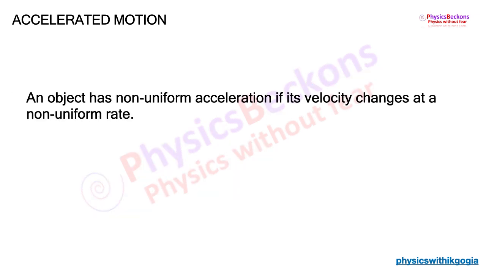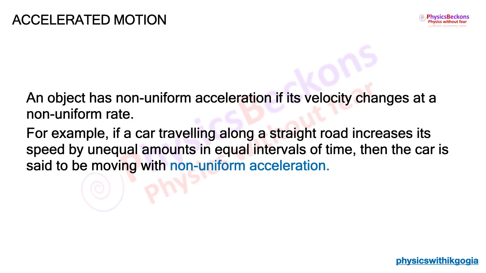The acceleration of an object may also be non-uniform. This is when the velocity changes at different rates at different intervals of time. For example, if a car traveling along a straight road increases its speed by unequal amounts in equal intervals of time, then the car is said to be moving with non-uniform acceleration.